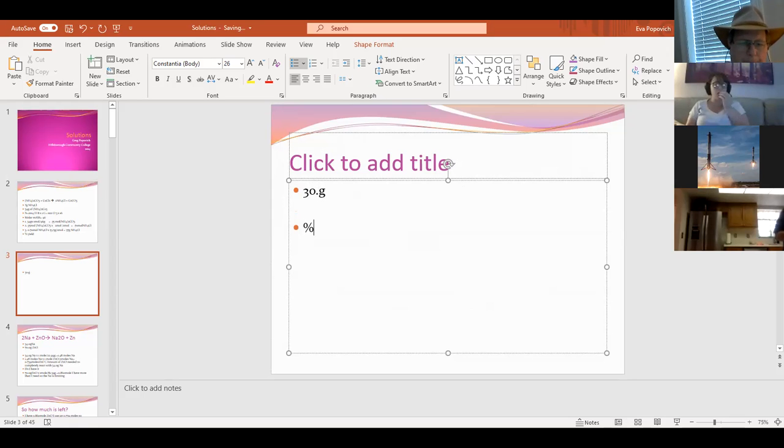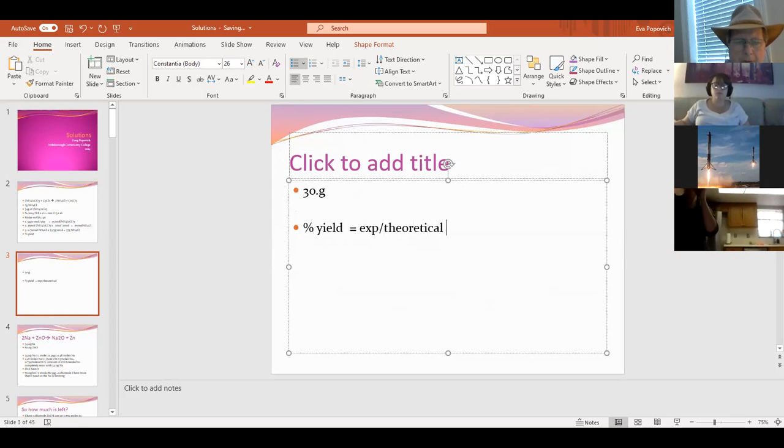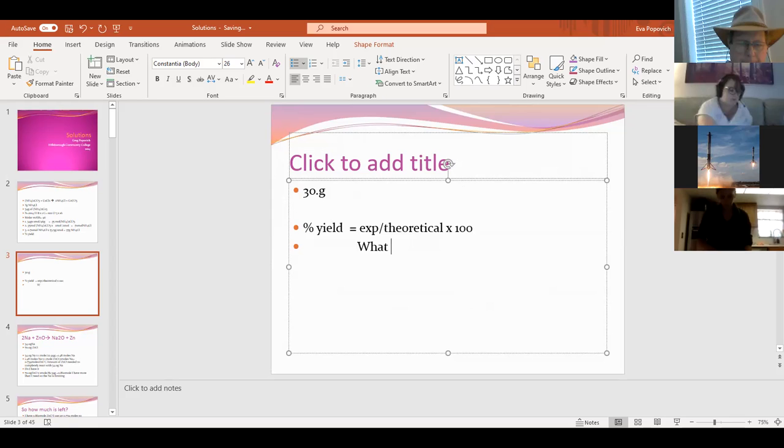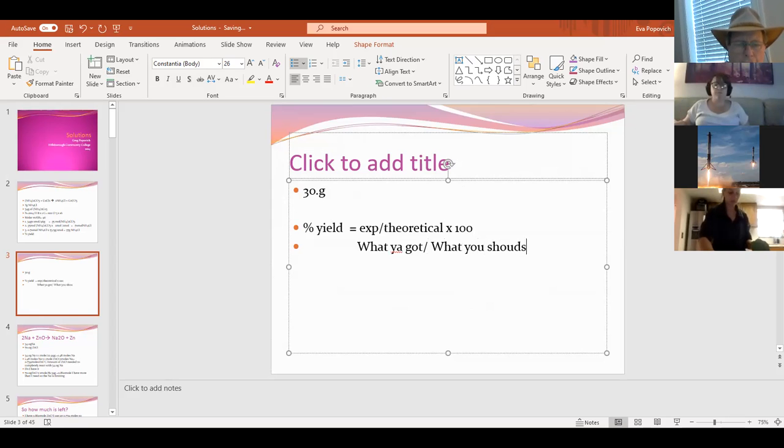Percent yield is equal to experimental divided by theoretical, and then you multiply it by 100. In other words, what you got divided by what you should have got, times 100.